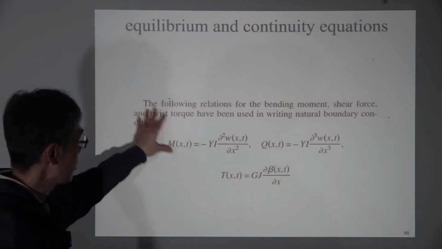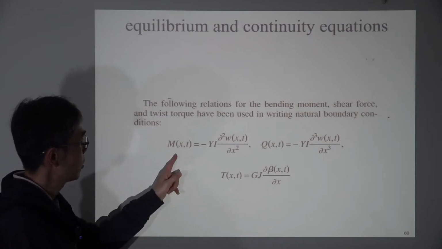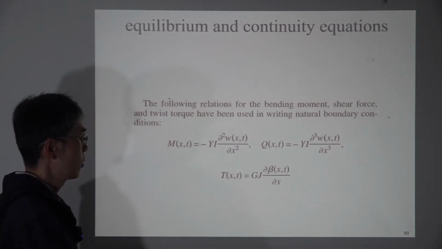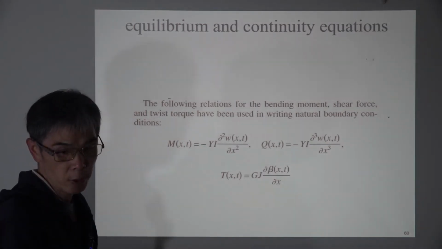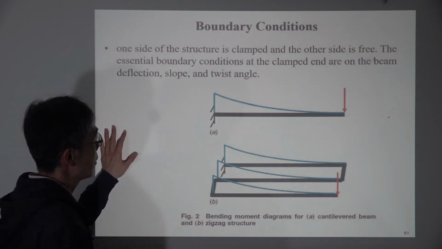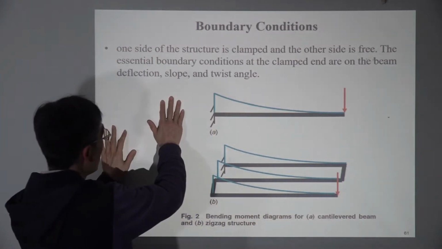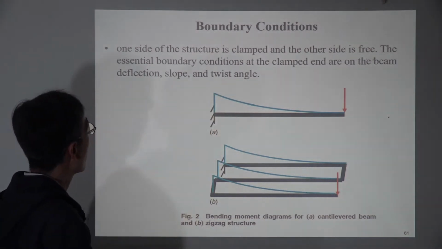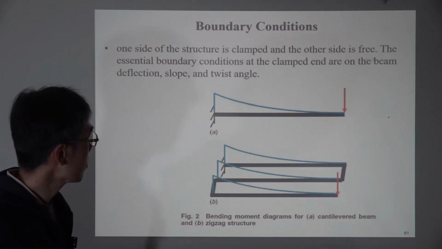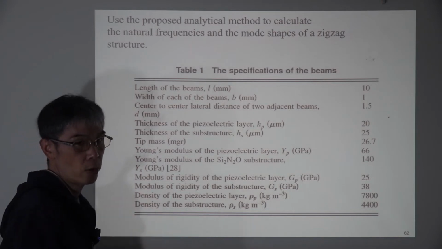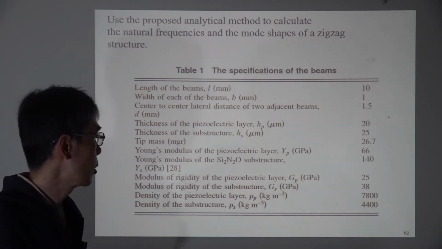The following relations here, we have the bending moment and shear force and twist torque used to write the boundary conditions. So the boundary conditions at the ends, we can define the deflection, slope, and twist angle. And these are the parameters we used to solve this system of equations.